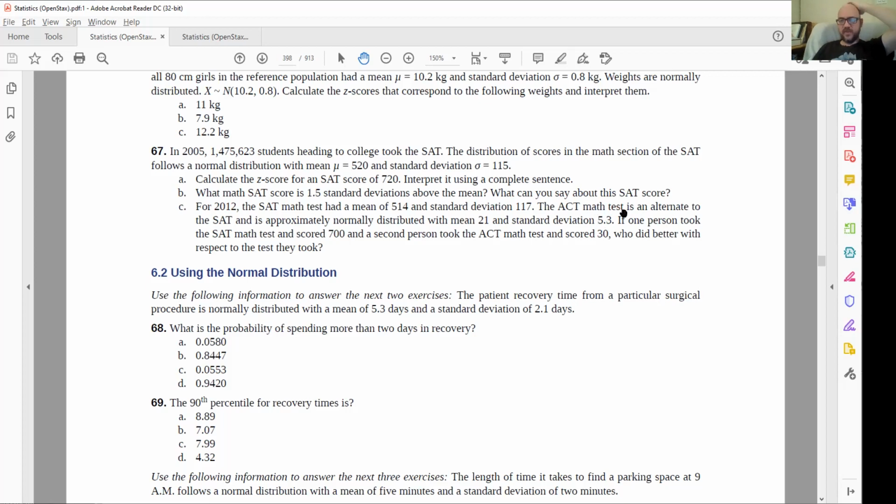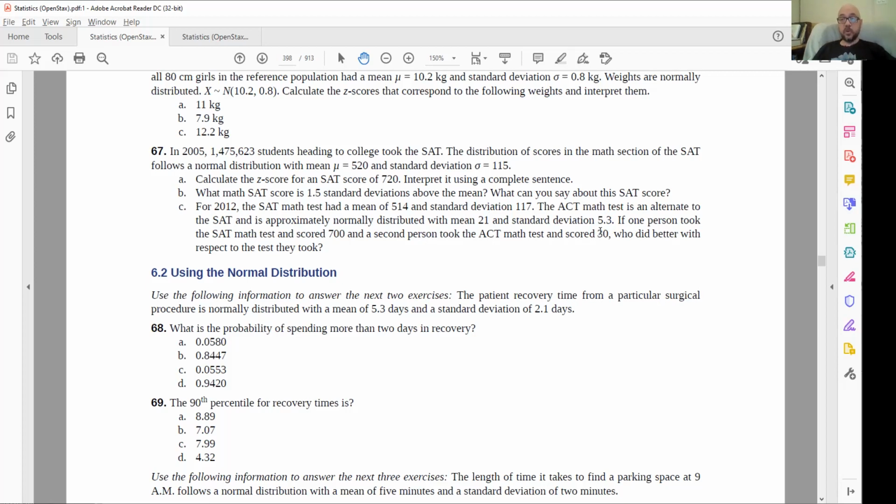So they're sort of having the same problems as the College Board. So mean is 21, standard deviation is 5.3. One person took the SAT and got a 700, and a second person took the ACT and got a 30. So who did better is the question there.